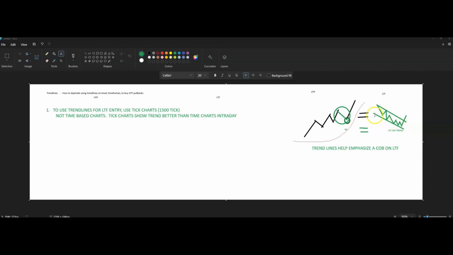Okay, and the change of behavior will be very, very obvious. So here you'll get your change of behavior signal telling you that this turning point is happening, and it'll show it to you. Now, why am I showing you this? Because what you don't want to do is frame every single trend and draw multiple trend lines, because it's not going to help you.